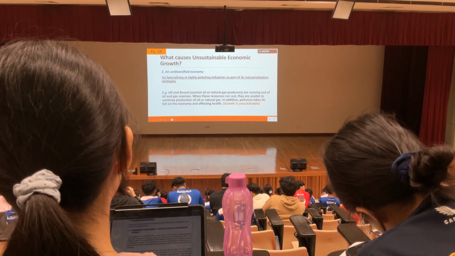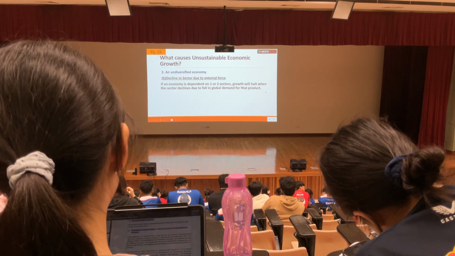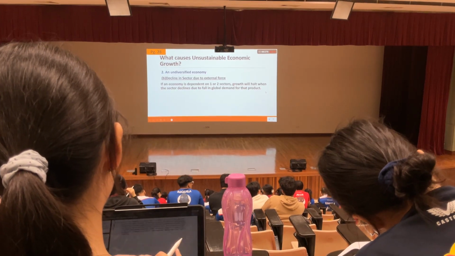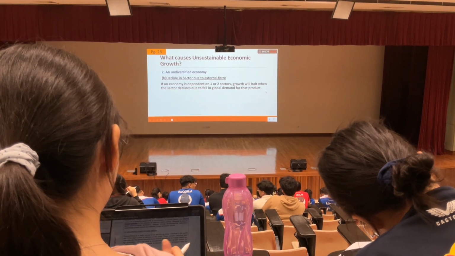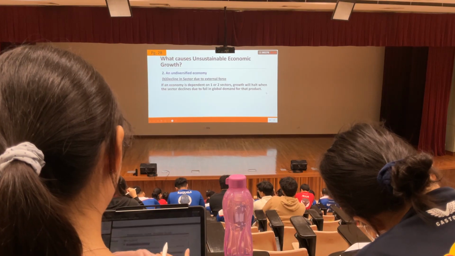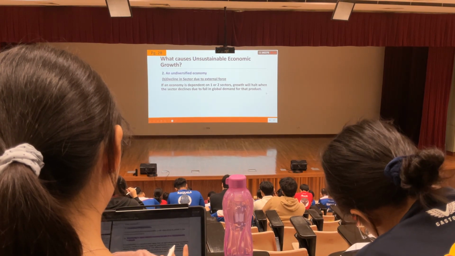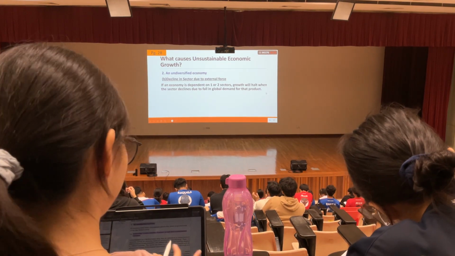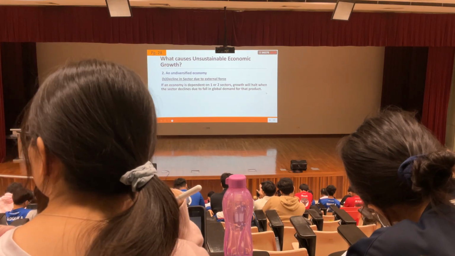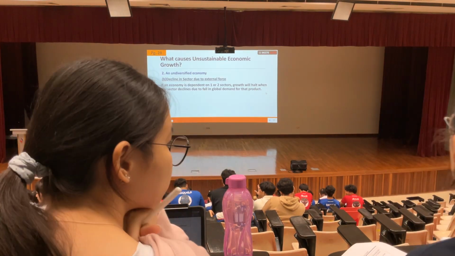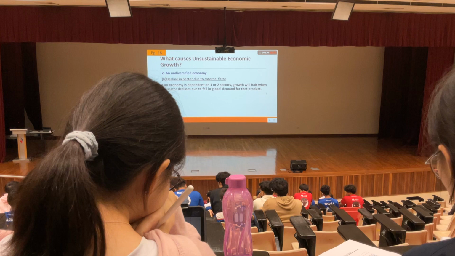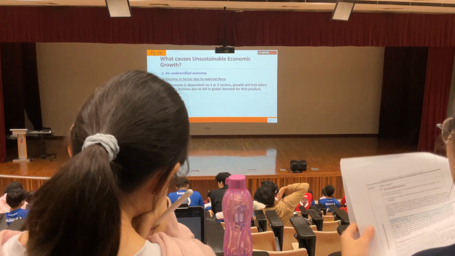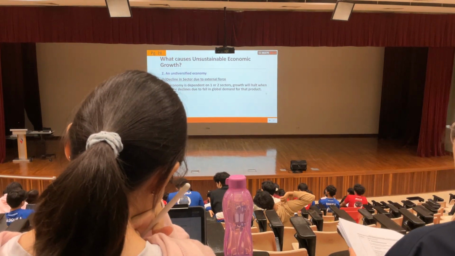Okay, so next, if an economy is dependent on one or two sectors, then the growth will halt if the sector declines due to a fall in global demand for that product. So this factor here is quite similar to what I've just been explaining.